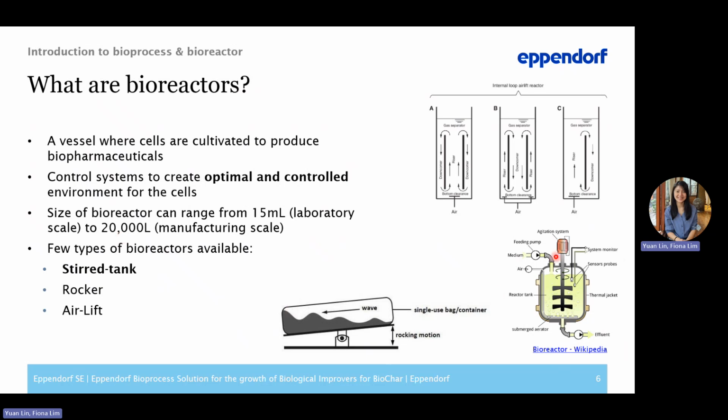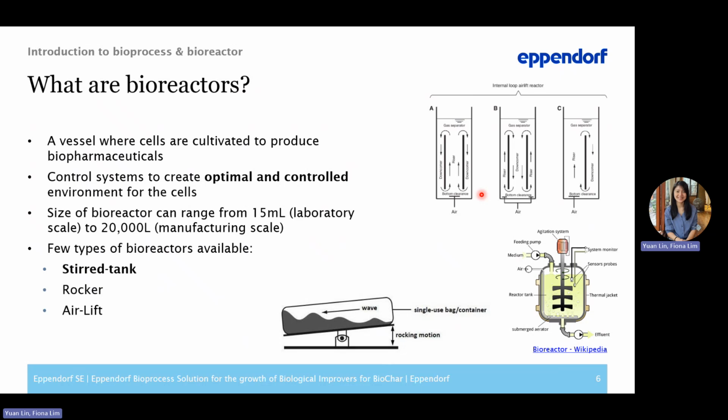There is the stirred tank version, whereby there will be an impeller stirring within the bioreactor to mix it well with the gassing as well as the nutrient and feed that is being introduced into the bioreactor. There is the rocker kind of version, which is also known as a wave bioreactor, where it rocks left and right to circulate your gases and also cells within the rocker bioreactor.